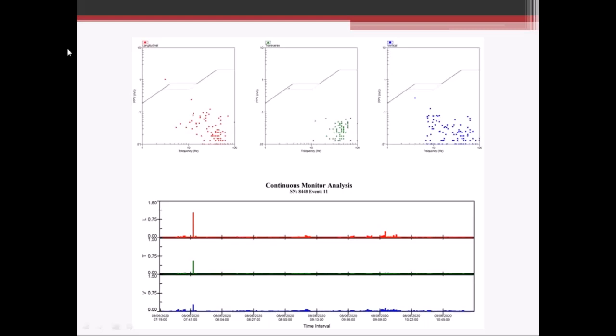So you can see we've got one value that's above here. We've got one in the transverse direction that's pretty much right there, and then this one here in the vertical direction is below. So you can see each one of these records is a little bit different. The magnitude of one direction may be larger than another direction.